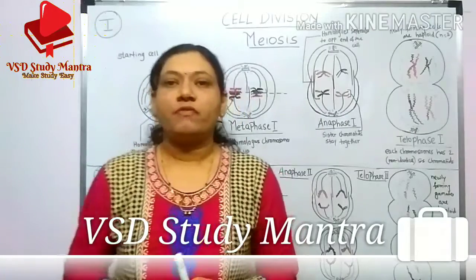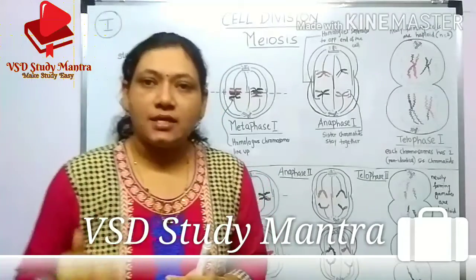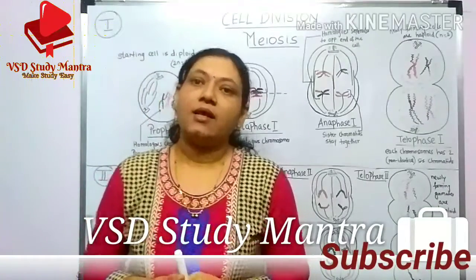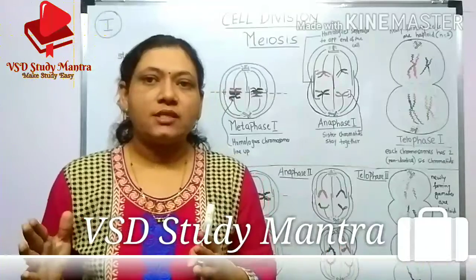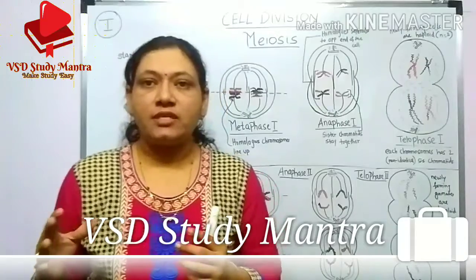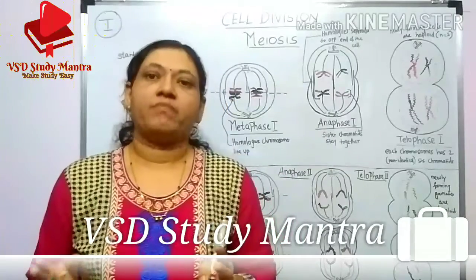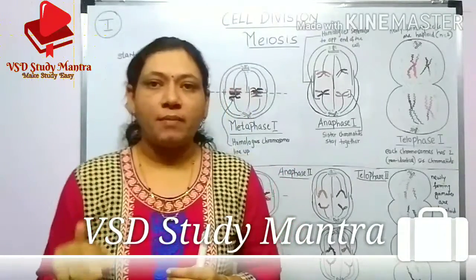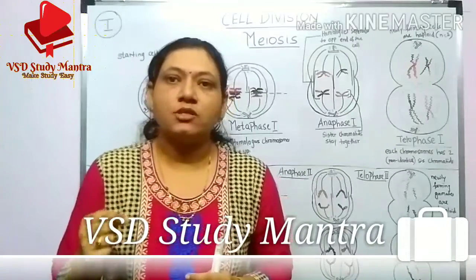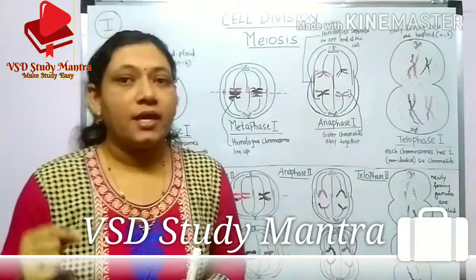One thing you have to remember is why meiosis is done: the genetic diversity that we see all around is because of meiosis. Also, each new cell that undergoes meiosis carries genetic material and genetic information.